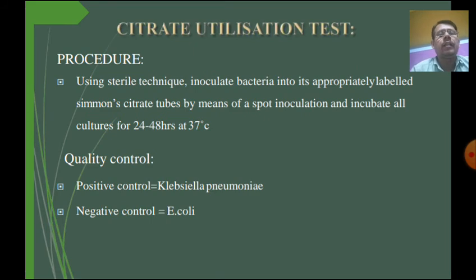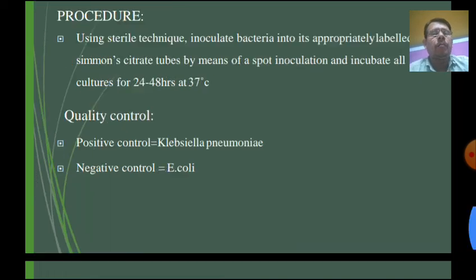Citrate utilization test procedure: using sterile technique, inoculate the bacteria into an appropriately labeled Simmons citrate tube by means of a point inoculation and incubate for 24 to 48 hours at 37 degrees centigrade. Quality control: positive control is Klebsiella pneumoniae, negative control is E. coli.